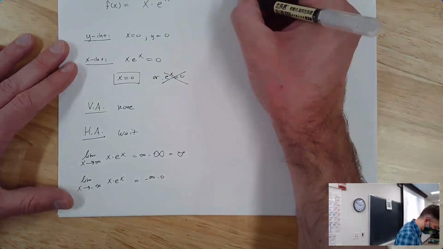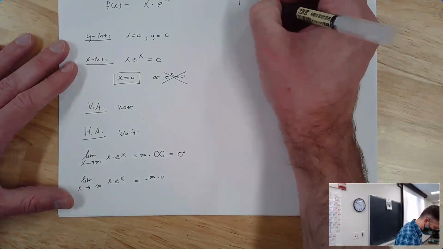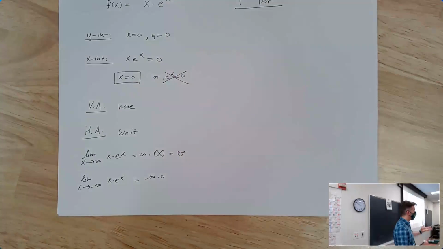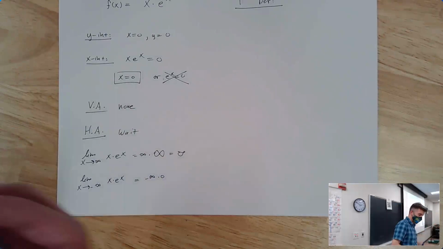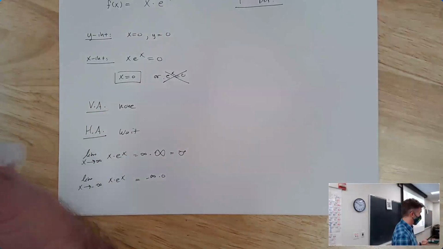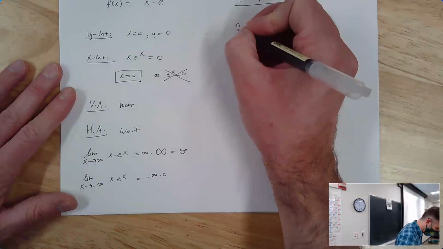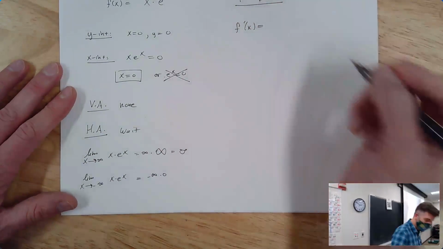So let's find the first derivative stuff. When I say first derivative stuff, I mean where the function's increasing or decreasing, which I'm not actually going to write down, and where we have relative extrema, which is all summed up in the sign chart. So I'm going to find my first derivative. I can use the product rule.